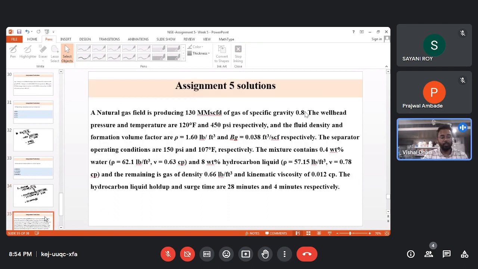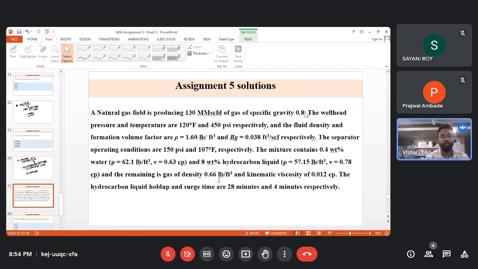Okay, let's go to the last set of questions. A natural gas field is producing 130 mmSCFD of gas of specific gravity 0.8. The wellhead pressure and temperature are 450 psi and 120 degree Fahrenheit respectively. And the fluid density and formation volume factor are density equal to 1.60 lb per feet cube and Bg, that is formation volume factor of gas, equal to 0.038 feet cube per SCF respectively.